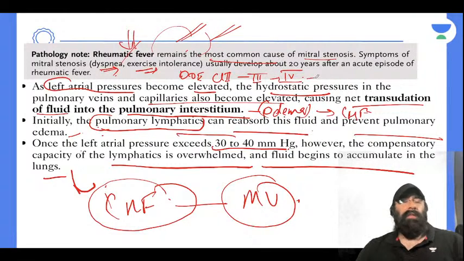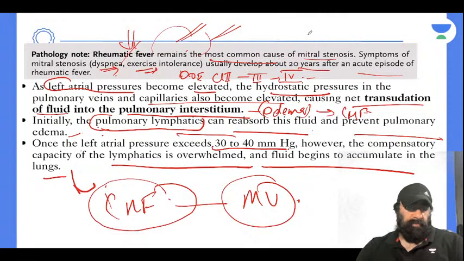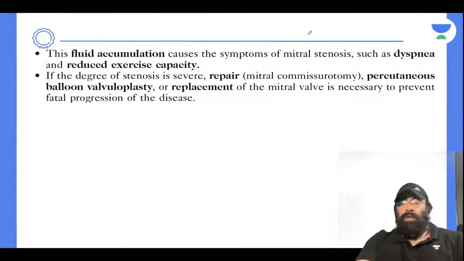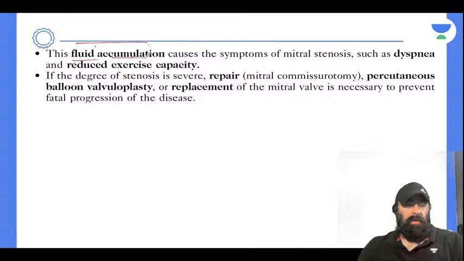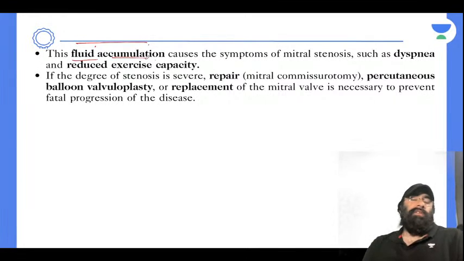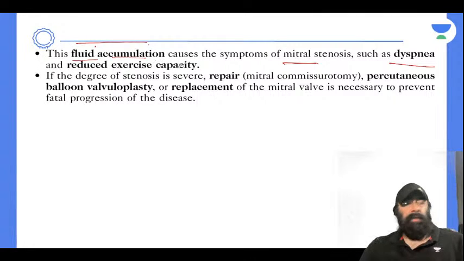Sometimes the whole structure of the heart actually changes, and these issues take a long period of time, maybe 10-20 years after the acute rheumatic fever stage. This fluid accumulation causes the symptoms of mitral stenosis: dyspnea and reduced exercise capacity.